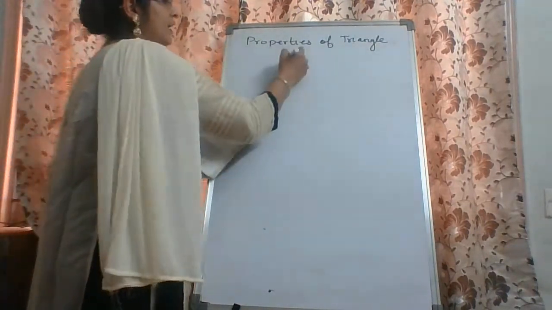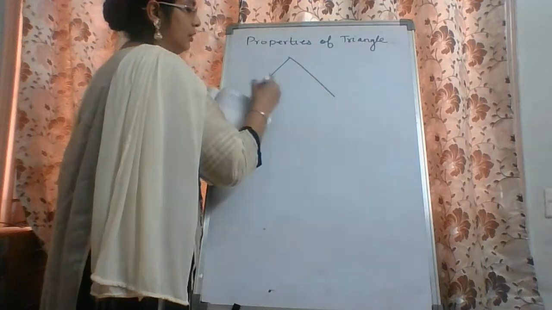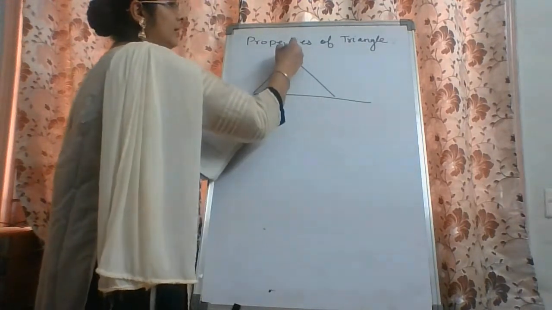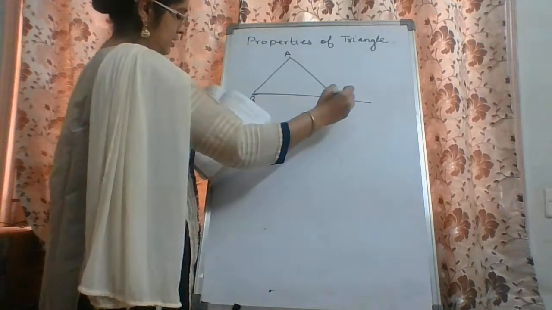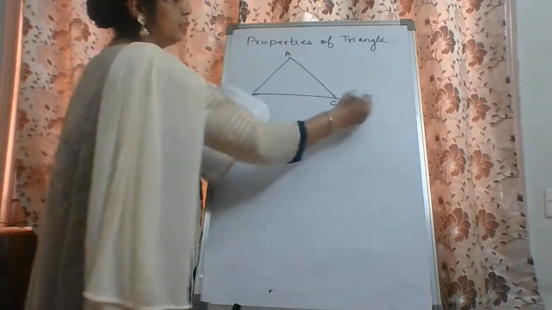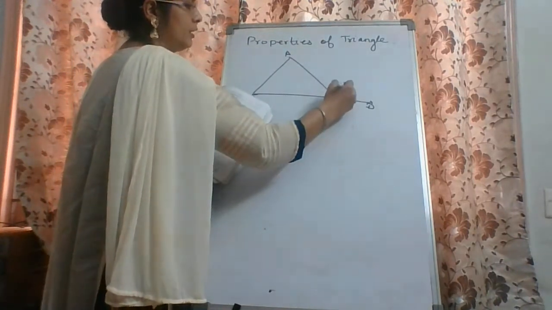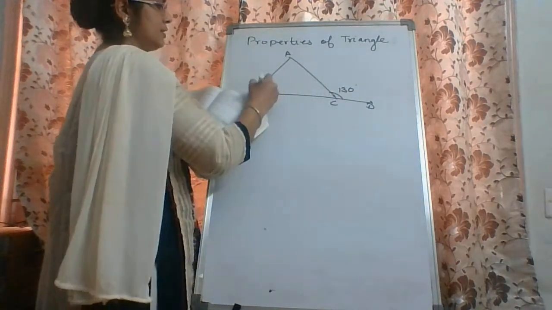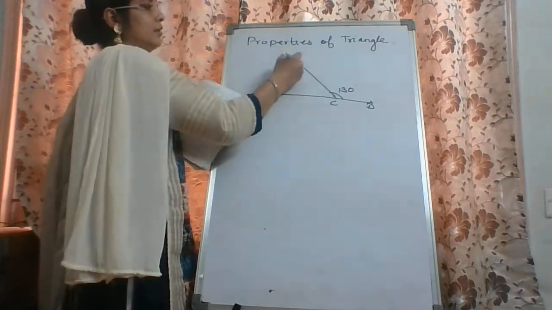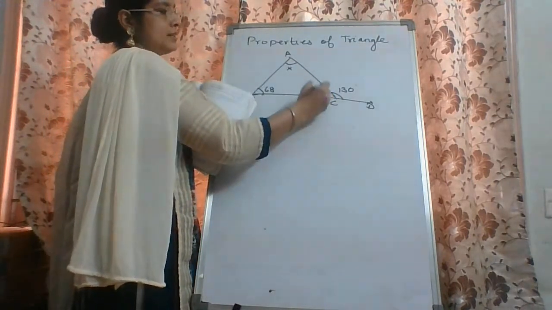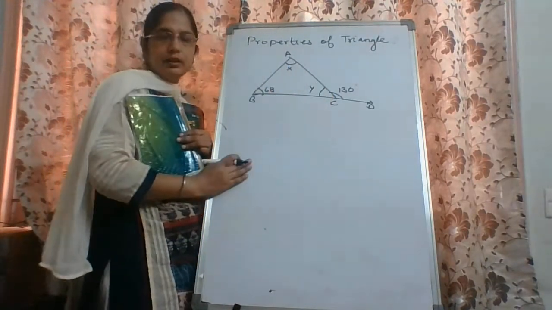You are given a triangle ABC. A, B, C. It is produced to point D. This is 130 degree. This is 68. You have to find the value of x and y.